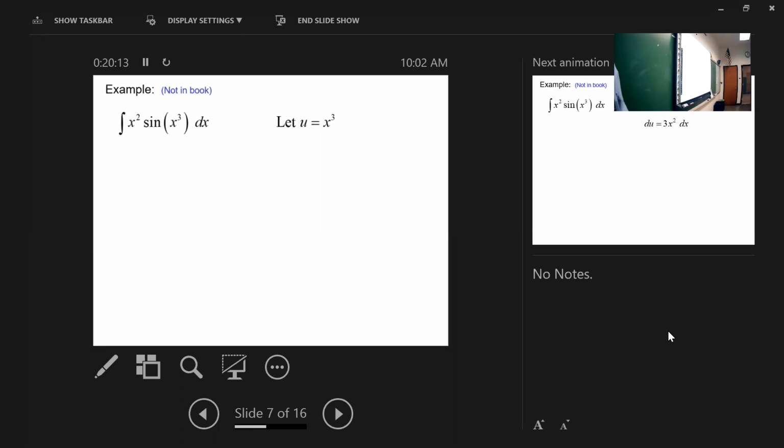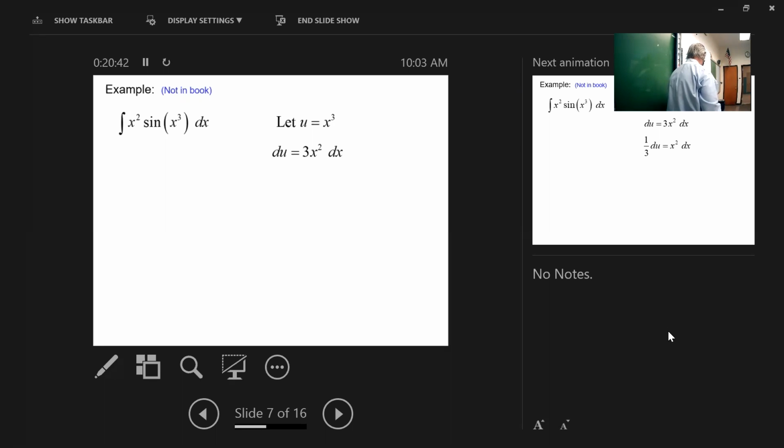So mu is x cubed. So d mu dx is 3x squared. So d mu is 3x squared dx. What have I got? I've got x squared dx. So if I put a 3 here, then this is the d mu. But if you put a 3 there, you've got to put a 1/3 out front to balance it.